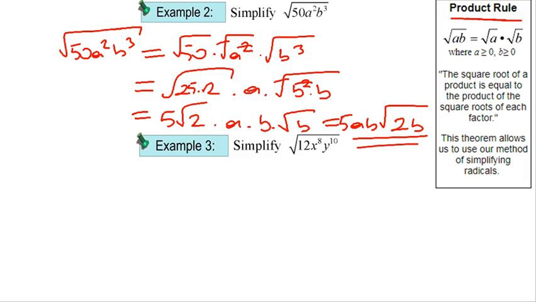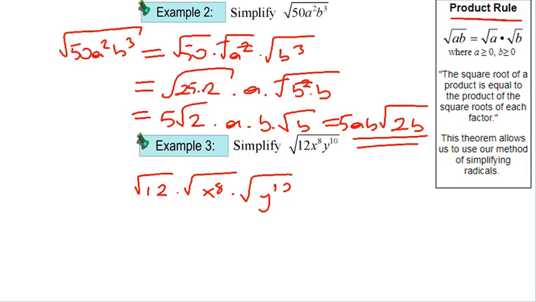Let's move on to example 3. Again, we're going to apply this same product rule because it's going to make our job a lot easier. This is equal to the square root of 12 times the square root of x to the power of 8 times the square root of y to the power of 10.